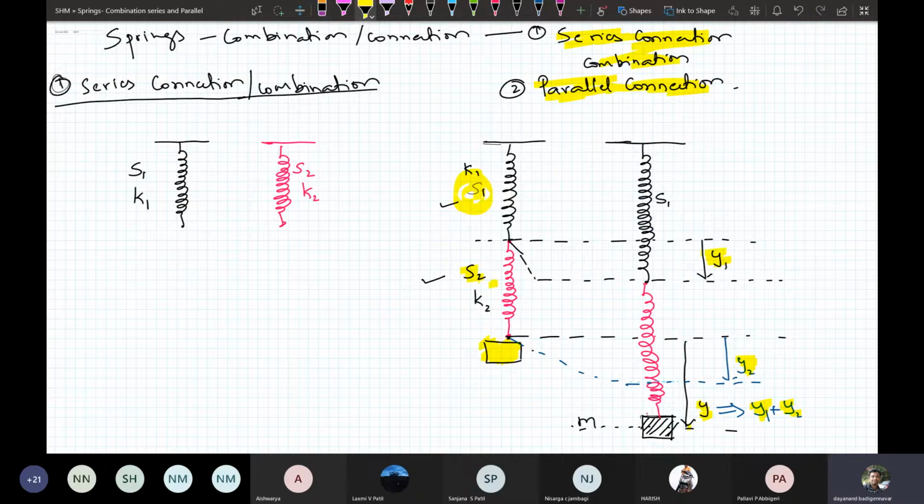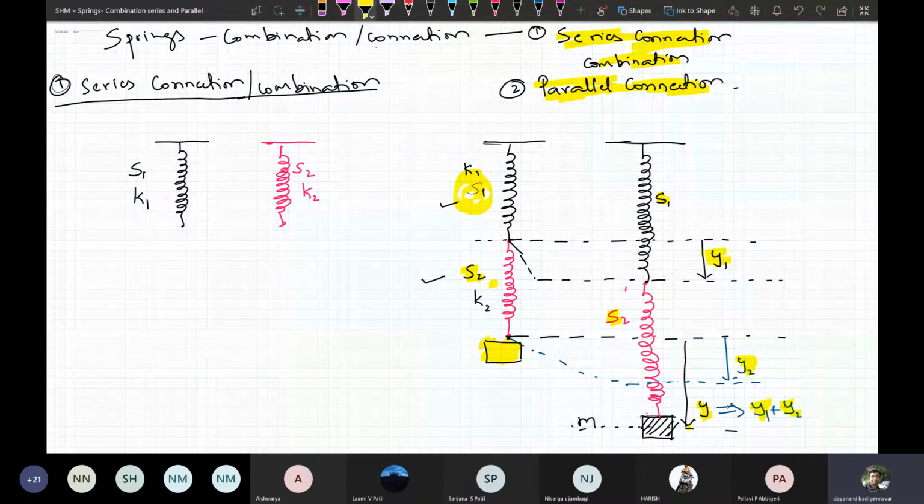That is, there is an extension in S1 and an extension in S2. Due to this, you get the total extension of the combination of springs. This is the net extension in the combination of the springs.